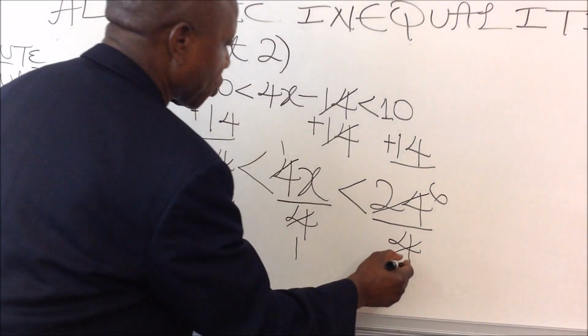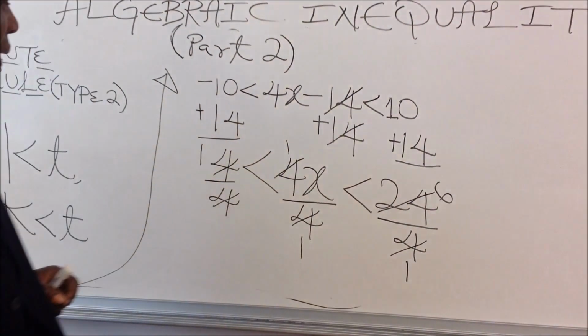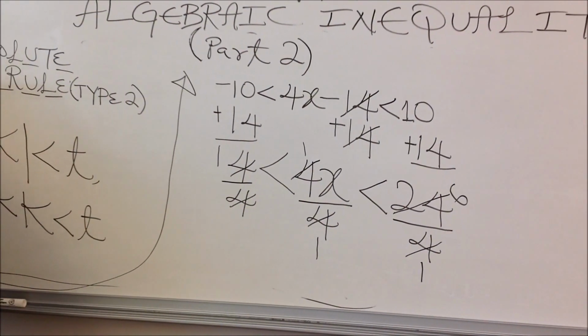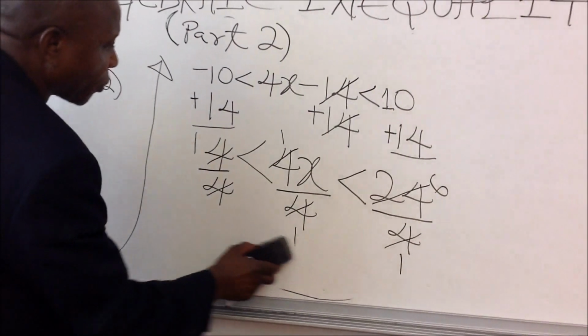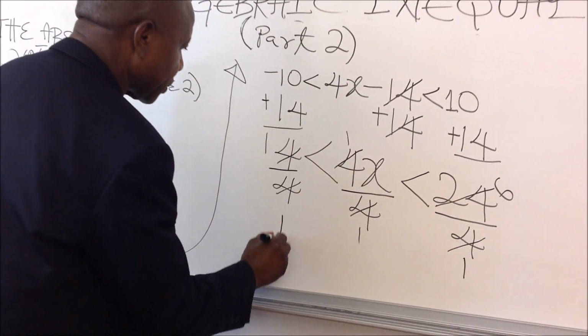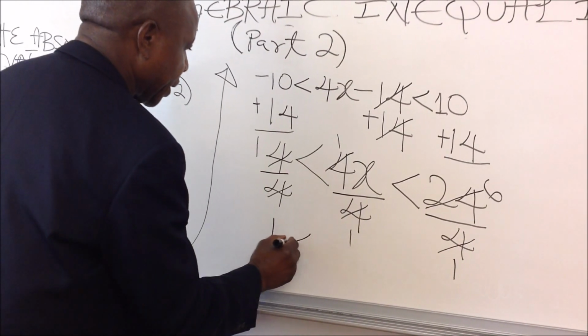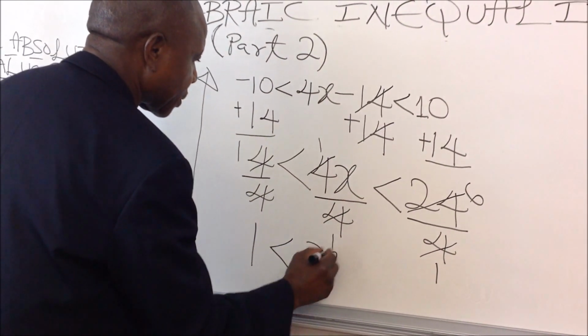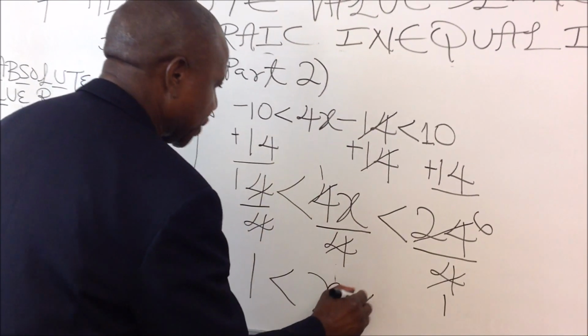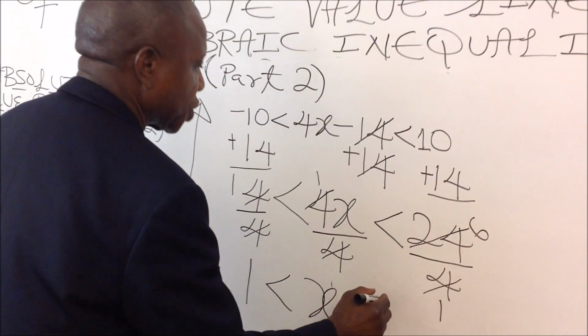So consequently, we are then going to obtain the number 1 less than x, and x will be less than the number 6.